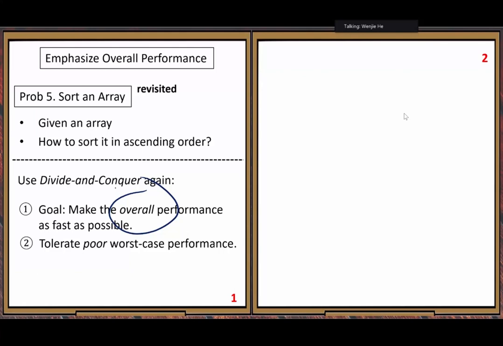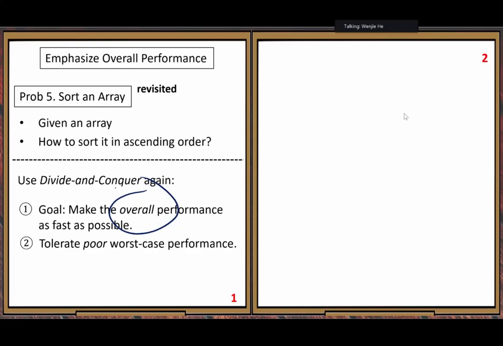You cannot get everything. You cannot get a sort that is the best in every aspect. For some aspects, this new sort may not be very good. Here, we have to tolerate poor worst case performance.